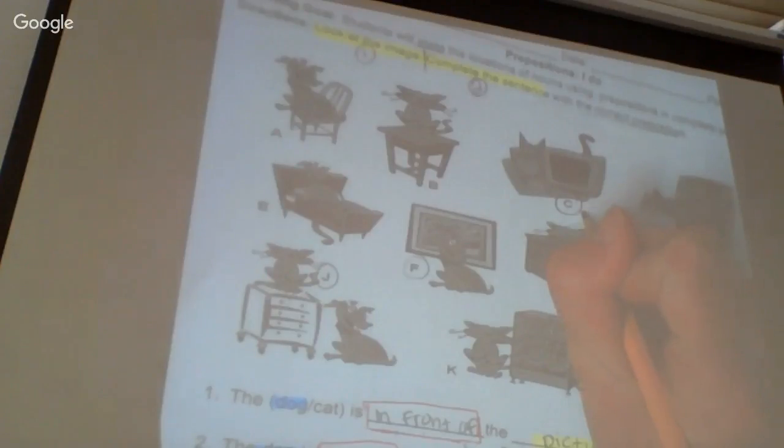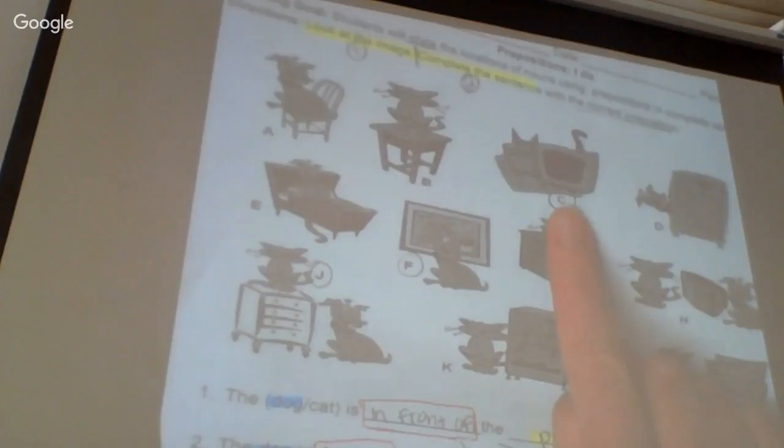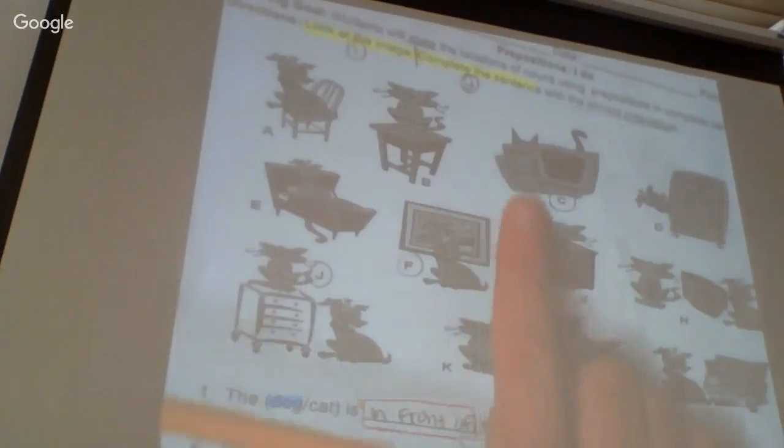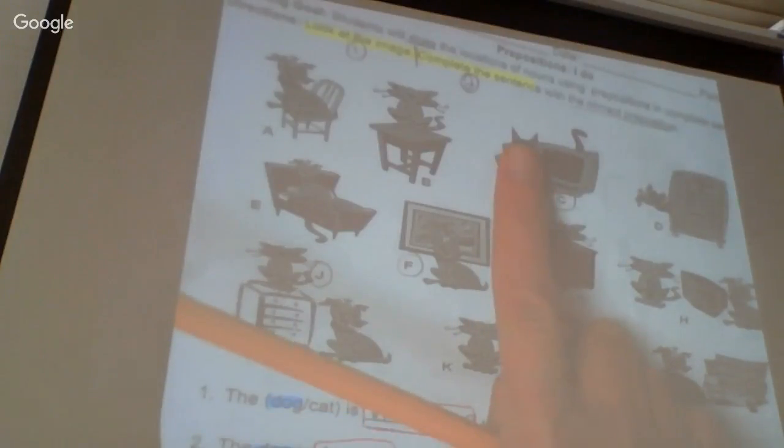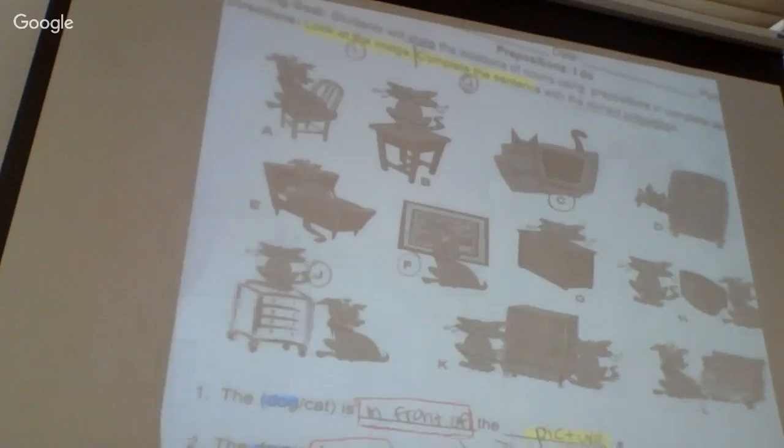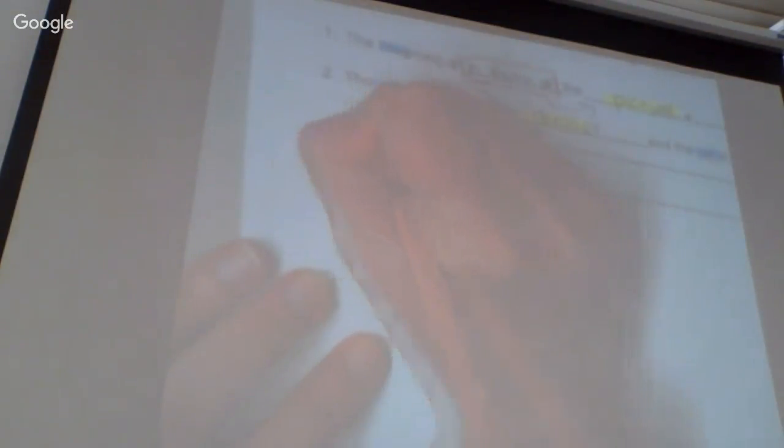So I look at the picture first. Okay, part 1, look at the picture. I see that there's a cat. Okay, so I think my subject, what I am describing is the cat. Okay. So number 3, I'm going to write the cat.